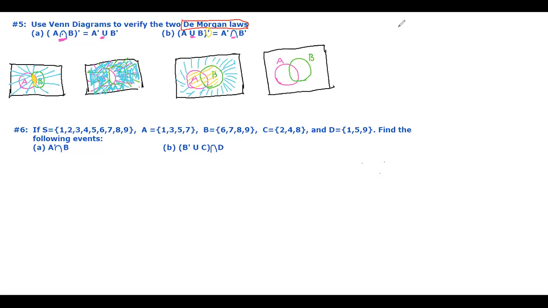The first thing they say is A complement, so it's everything outside A. I use color coding here, and the B complement is everything outside B. Now we say A complement intersect B complement. That means the common part of the green area and the purple area. So which part has both green and purple here?